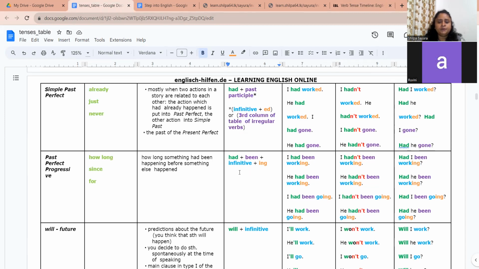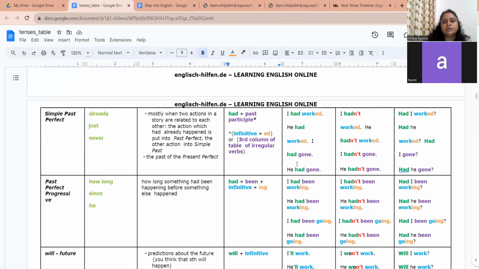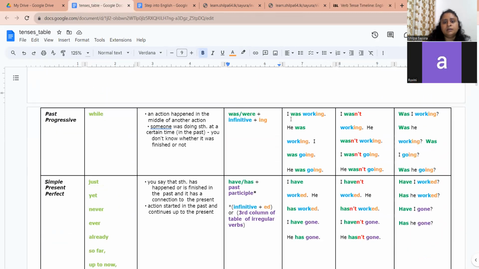So let's see the example. Here the beauty is that been is introduced. I had been, then the infinitive and ing. In I was working, was is the past tense of the verb be. Hope you remember when we were learning about the special verb be.